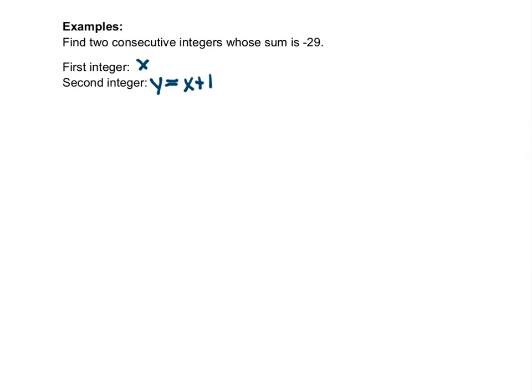Now, if I can do that, then I'm going to identify that I recognize sum, so this word right here, as the addition of these two numbers. So I'm going to write x plus y is equal to negative 29. And then fill in for y the concept of x plus 1, being the next number or integer that follows the first.